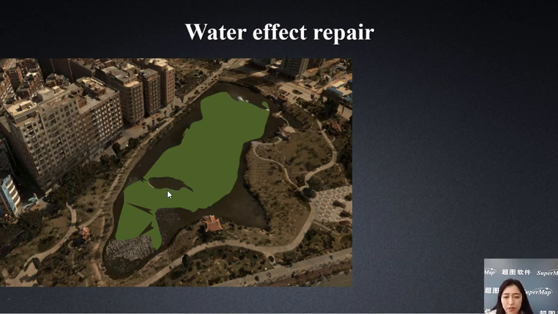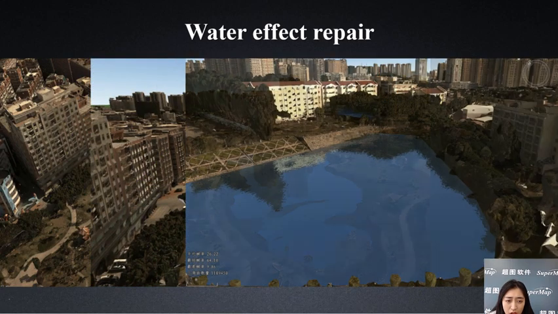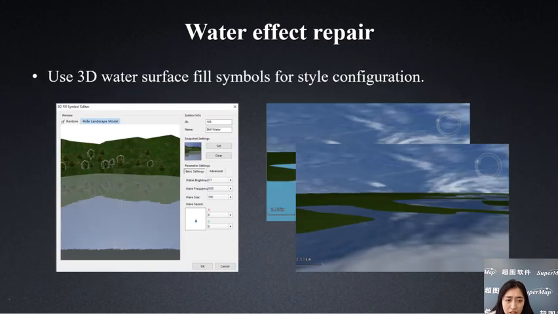SuperMap desktop can restore the water surface effect of the oblique photography model through the filling symbol of the water surface, and it provides a variety of water surface effect parameters, such as reflection and so on.